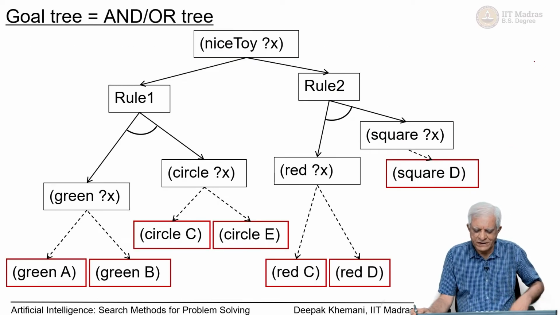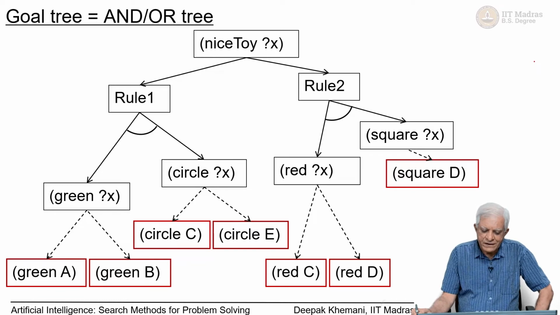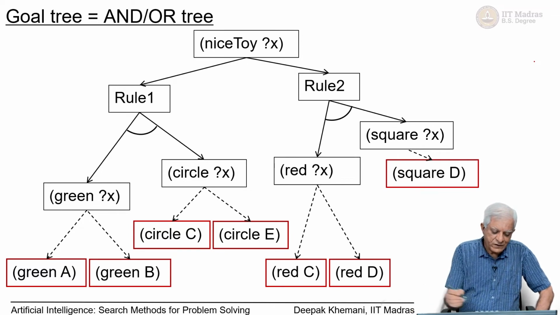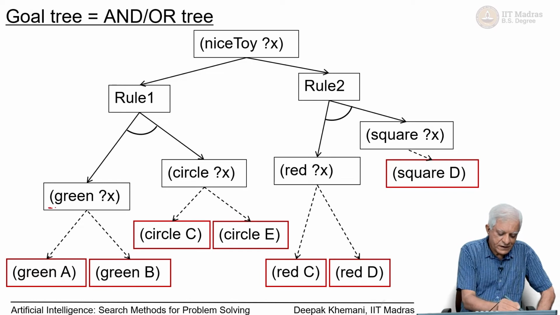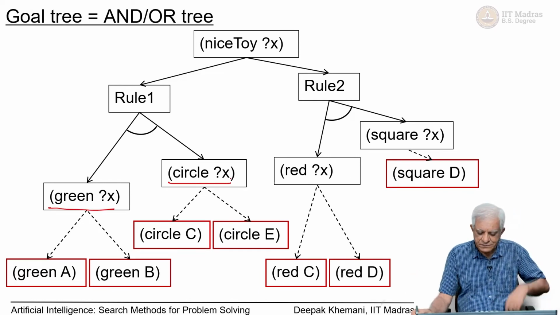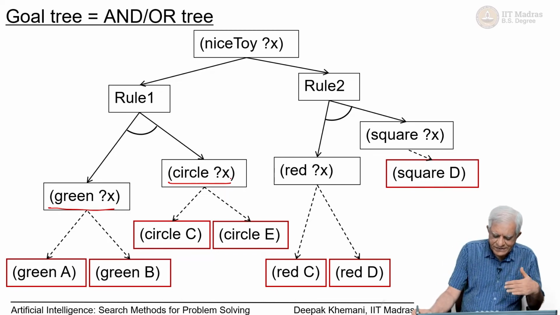So, this is a goal tree that we want to explore. At the root is the goal query, then we can apply two rules, rule 1 and rule 2. If you apply rule 1, then you have two sub goals, as you can see. One is that x must be green and the other is that x must be a circle. And what is drawn below this are actually facts in the knowledge base, which are shown in red rectangles.